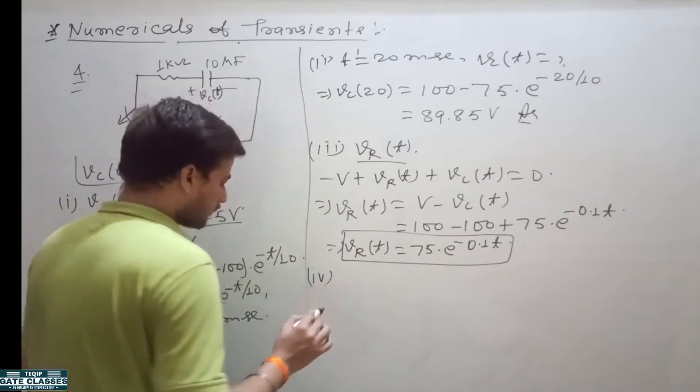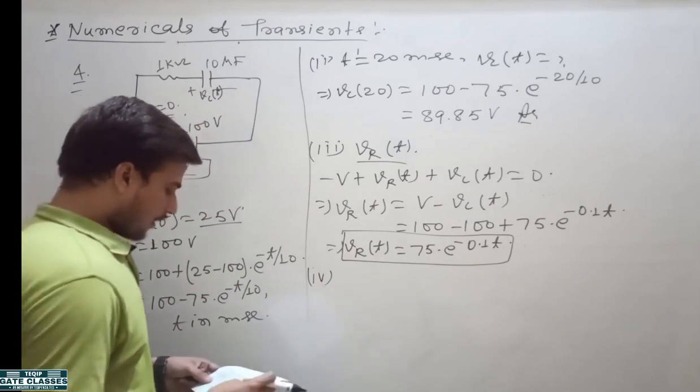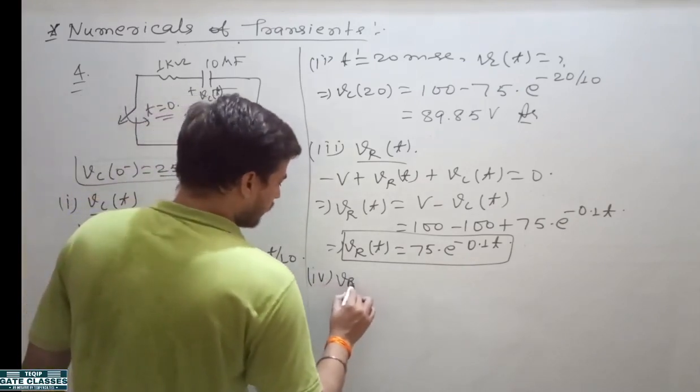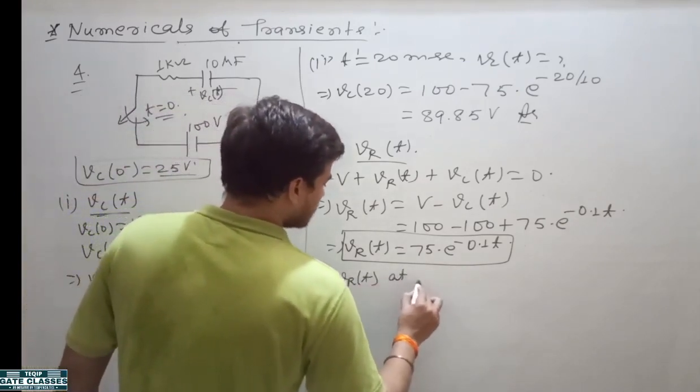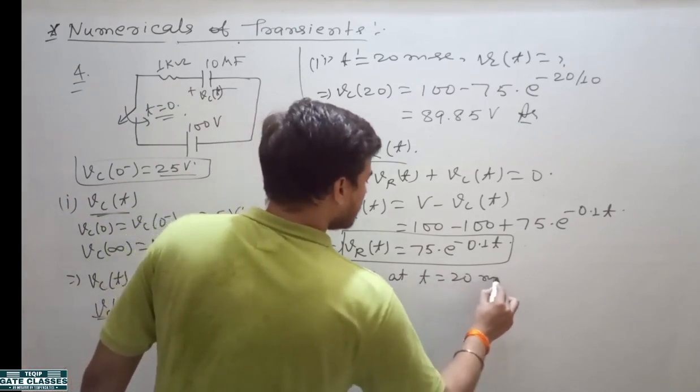Come to the fourth question. It is given that we have to find VR(t) at t equal to 20 millisecond.